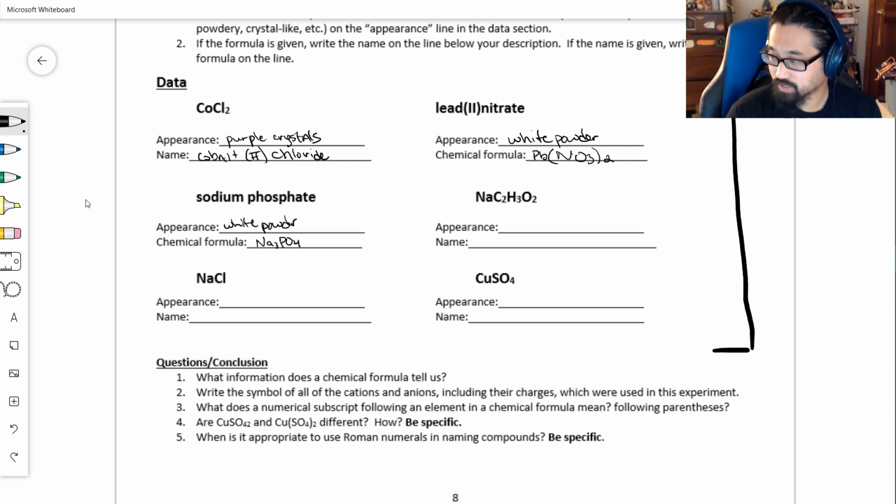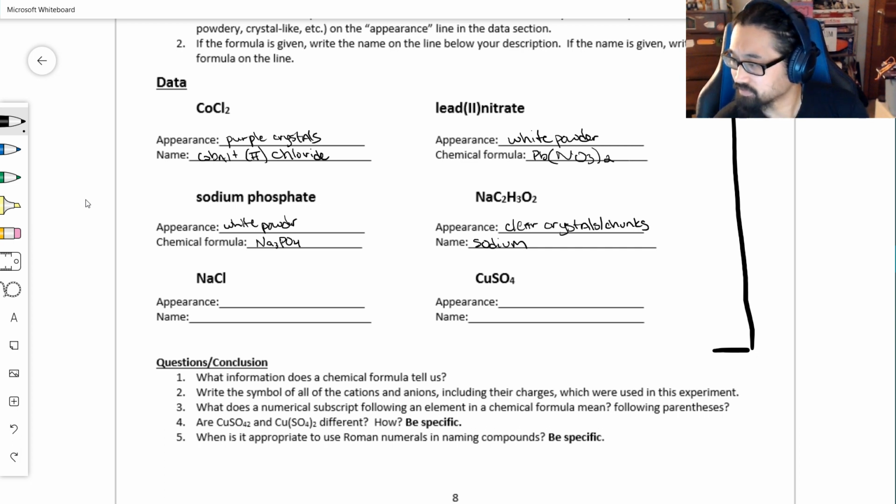The NaC2H3O2 were kind of clear crystals or chunks, and this is sodium acetate.